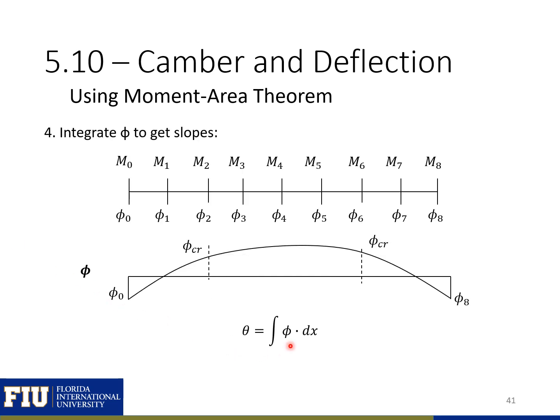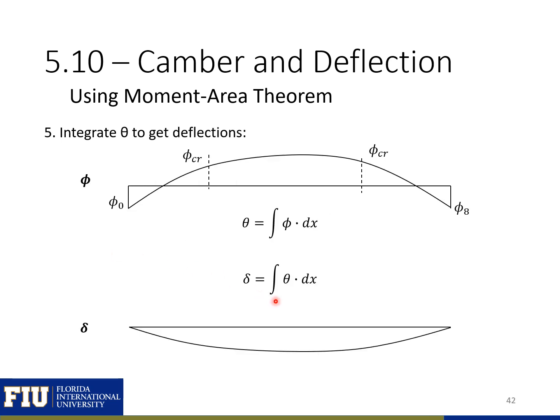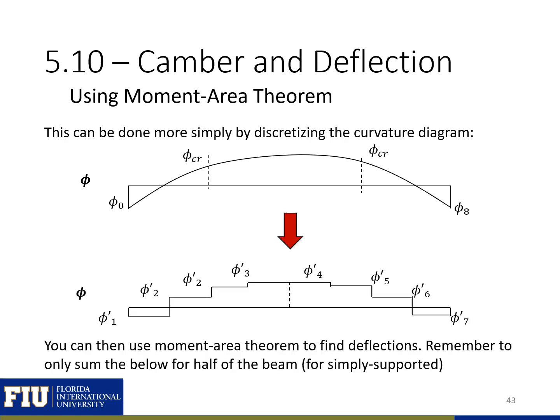We can integrate this curvature diagram with respect to the distance to find our rotation. And we can integrate our rotation with respect to x to find our deflection. This can be more simply done by discretizing the curvature diagram.